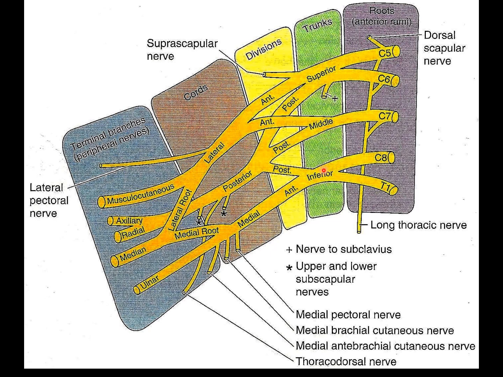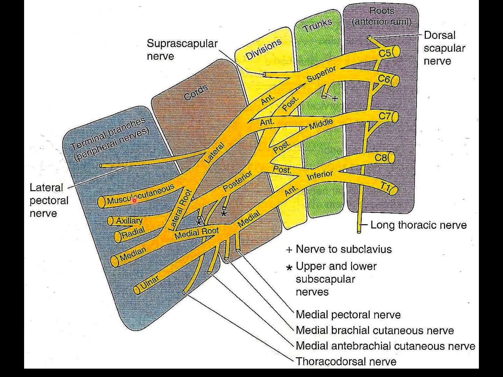Every trunk divides into two divisions, anterior and posterior. The anterior divisions of the superior and middle trunks unite to form the lateral cord. The anterior division of the inferior trunk continues as the medial cord, and all the posterior divisions of the three trunks unite together to form the posterior cord. And these cords finally give branches, which are the terminal branches of the brachial plexus.